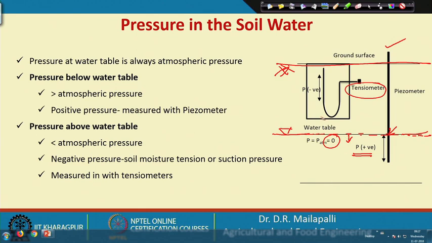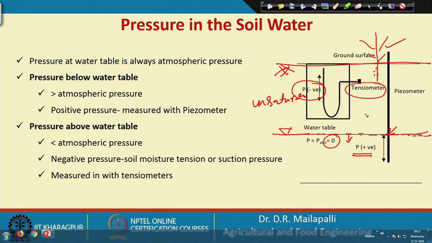Above that is the unsaturated situation, which experiences a negative pressure. Suppose there is a plant; the plant definitely experiences negative pressure.